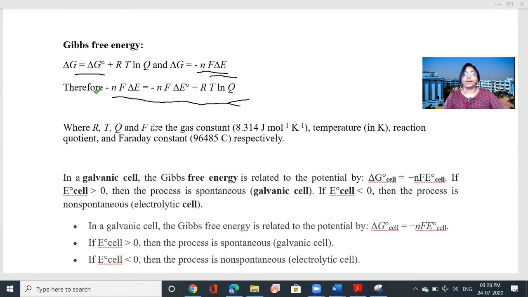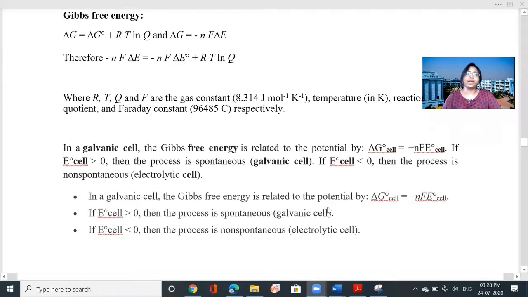In the galvanic cell, the Gibbs free energy is related to the potential by delta G for the cell equal to minus nF E for the cell. This one is the cell EMF.